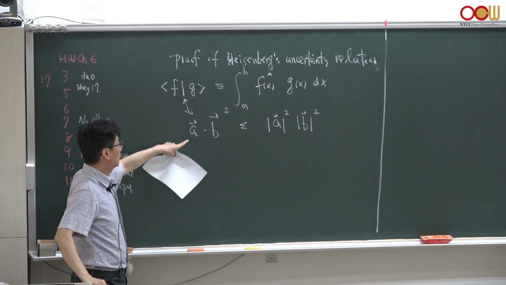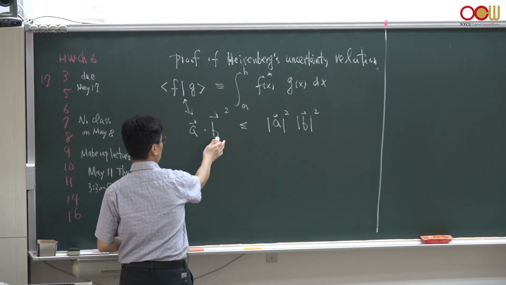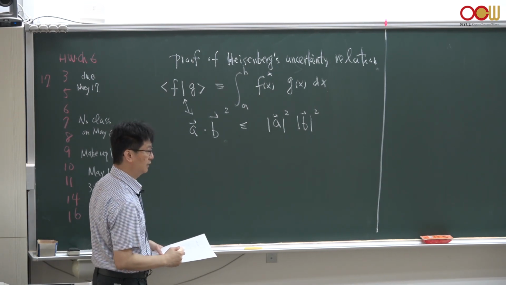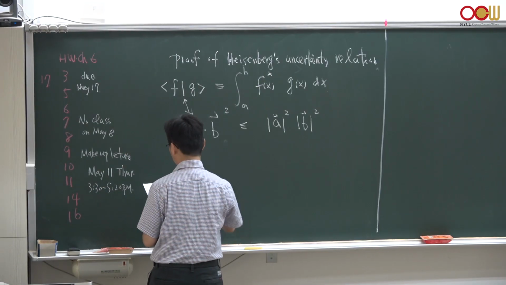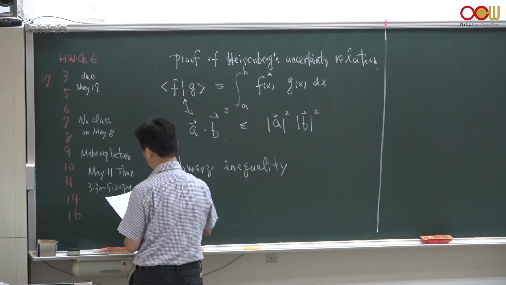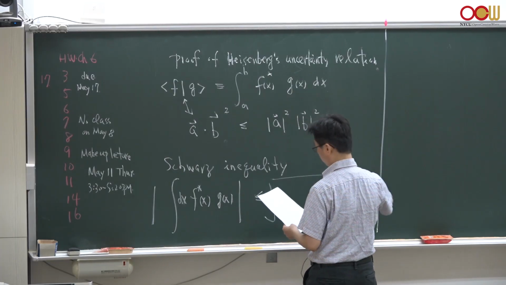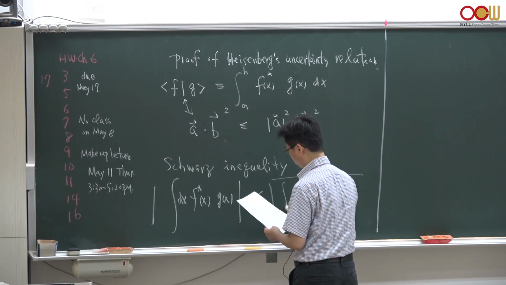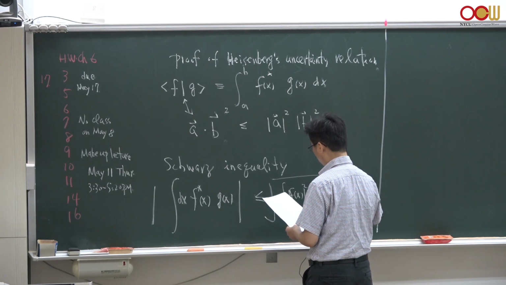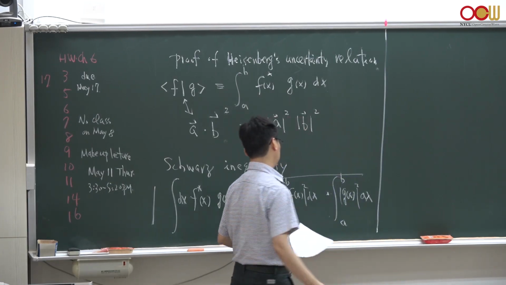So we could make an analogy in quantum mechanics using this inequality, and in quantum mechanics the corresponding inequality is called the Schwarz inequality, meaning the magnitude of this integral is smaller than or equal to the square root of the product of the integrals of the squares of these two functions.